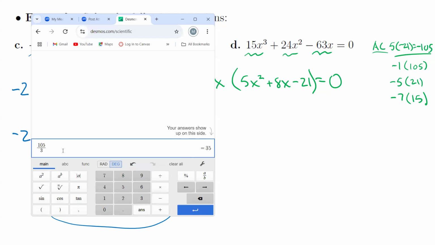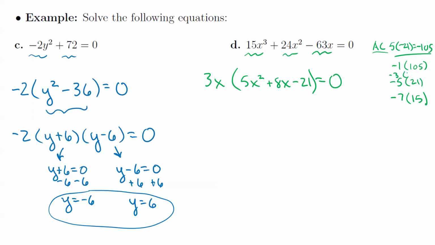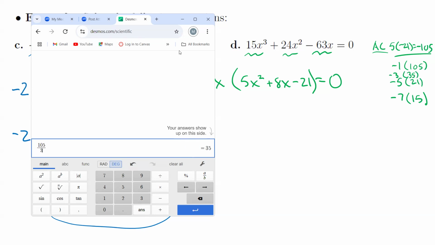So you could divide it by 3. Okay, yes, that's a whole number. And so technically I kind of missed one here. I probably should have put negative 3 times 35. So sorry for missing one. But the point is use the calculator to your advantage, right? If 2 doesn't work, of course, 4 doesn't work, but then divide by 5 and 21, right? Divide by 7 and 15, right? So using the calculator to help you is 100% okay here.